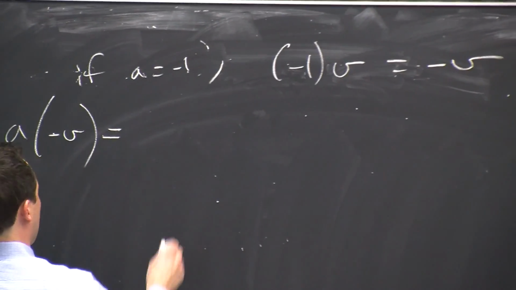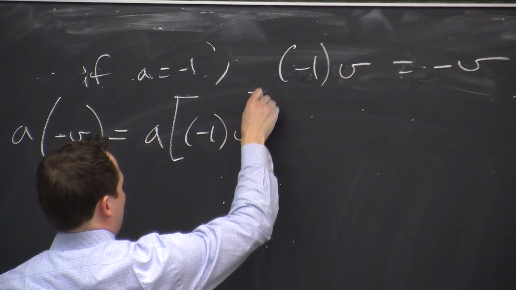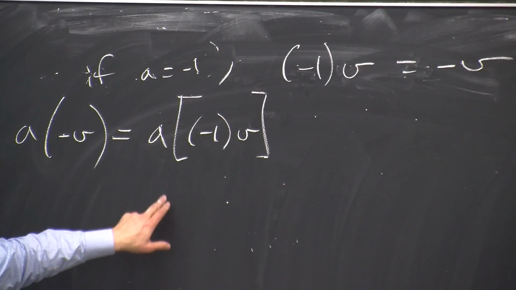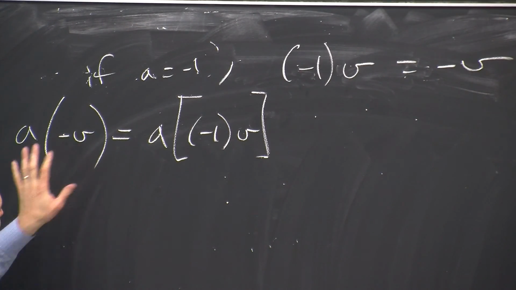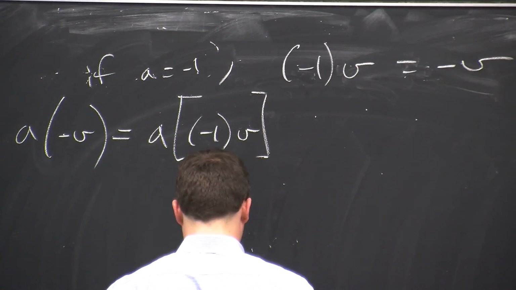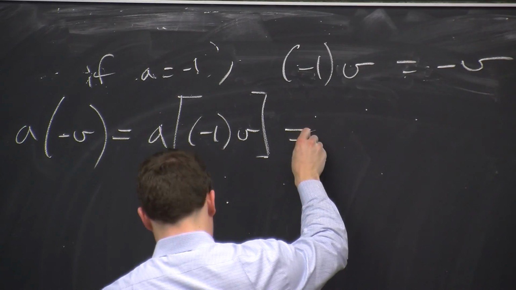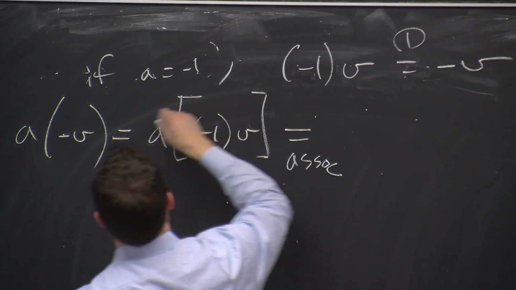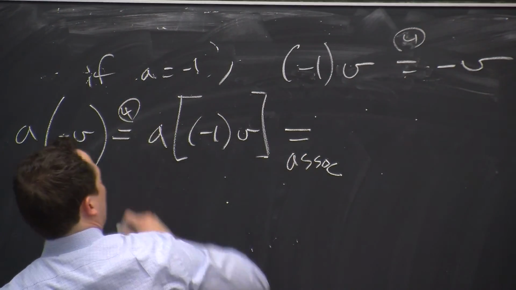I can write this as A times -1 applied to V by the associativity property of this field action, right? There's a -1 buried in there. I can change it around. Sorry, that's not the associativity property. That's this fact. This is the associativity property. Let's call this 1. Well, we already used 1. Let's call it 4.